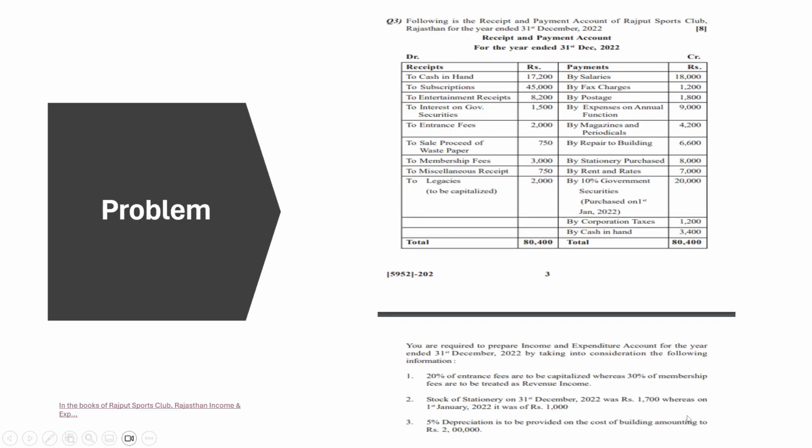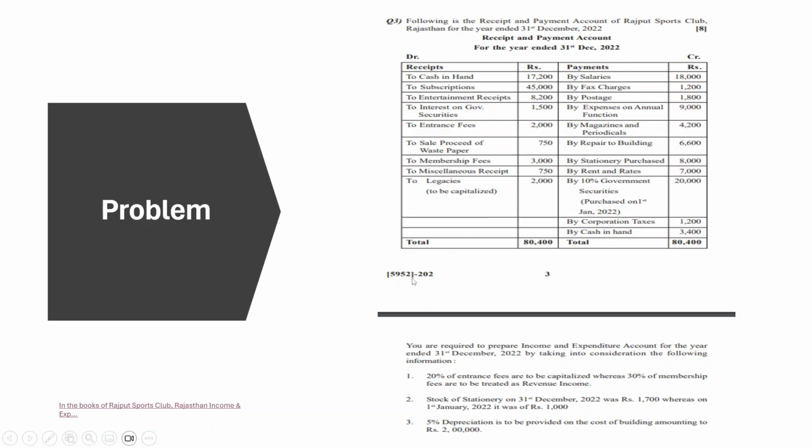What is that? To membership fees. On the membership fees adjustment is there. Number 1. So 30% of membership fees are to be treated as revenue income. So total amount of the membership fee is given there how much? 3000. And what they said under the adjustment, from that 3000, 30% should be treated as revenue income.